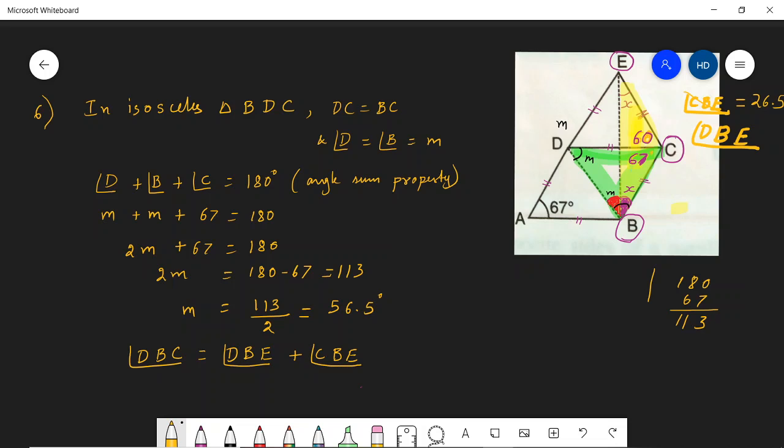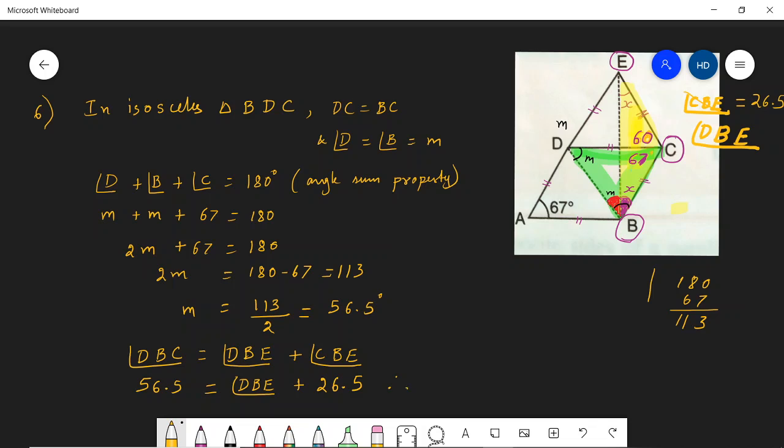Angle DBC, just now we found out, is equal to 56.5, equals angle DBE, which we don't know so I'll call it as it is, DBE, plus CBE. Earlier we found that CBE equals 26.5.